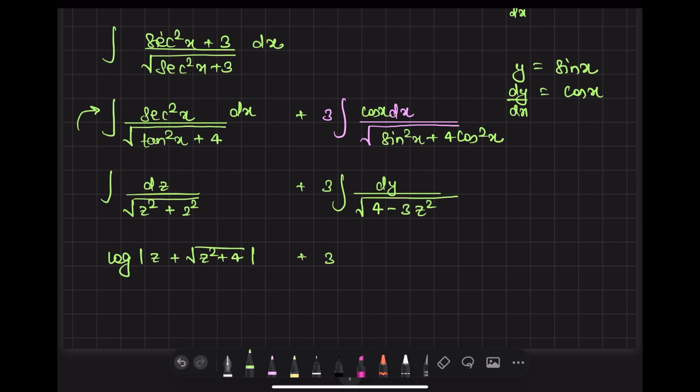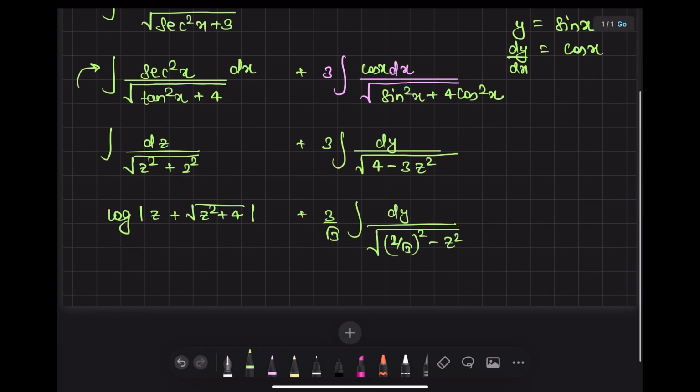So 3 by root 3 we will have outside, dy by root over 2 by root 3 square minus z square. Now look at this. This is a square minus x square, correct? And it is with a root. So if it is with a root, we are comfortable with sine.